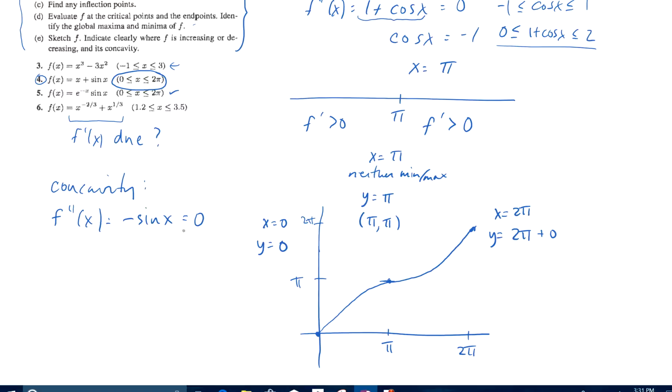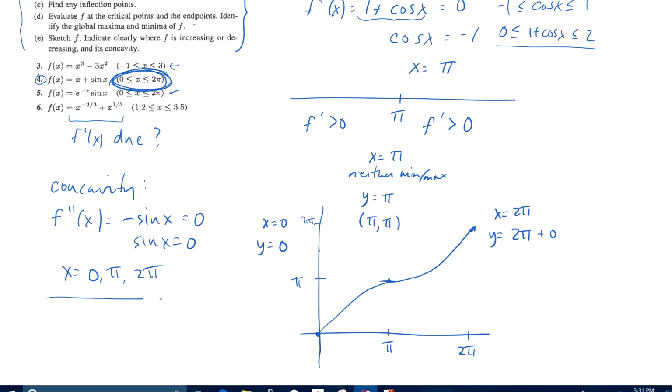That's when the second derivative is 0, so the sine of x is 0. Where is the sine 0? Again, on that interval. The sine is the y value on my unit circle, so x would be 0, pi, and 2 pi. That's where the sine is 0.